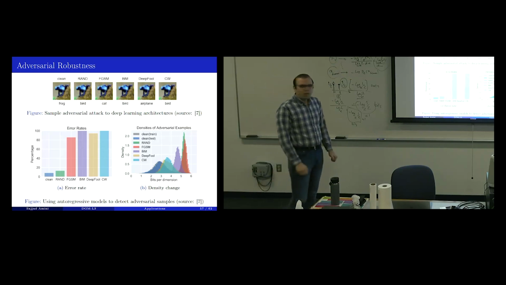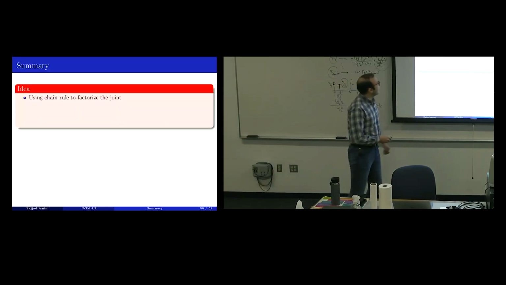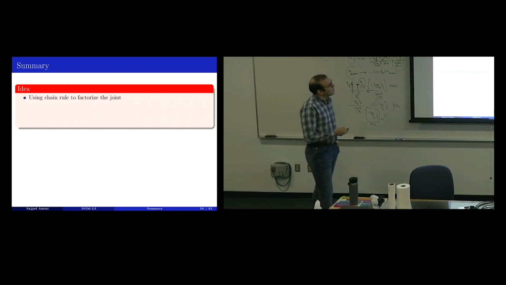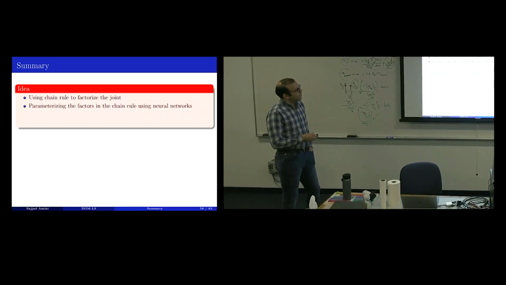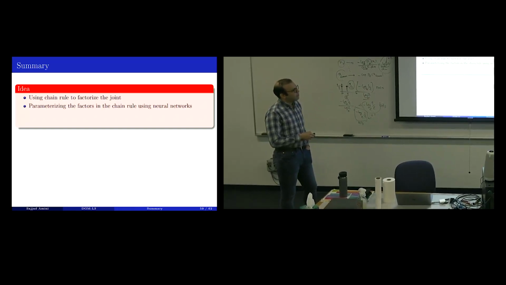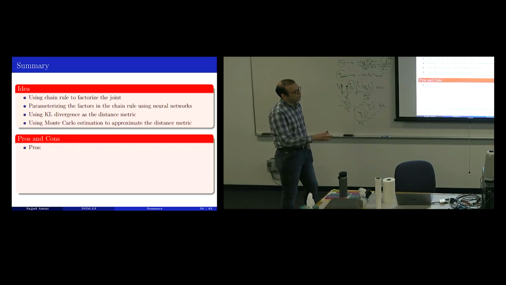Any question? Okay, and the summary of autoregressive models. The idea is to use the chain rule to factorize the joint, and then we parameterize the factors instead of having a table over the factors. We parameterize using a neural network, and then we use the KL divergence as the distance metric, and you see that it leads to maximum likelihood estimation.